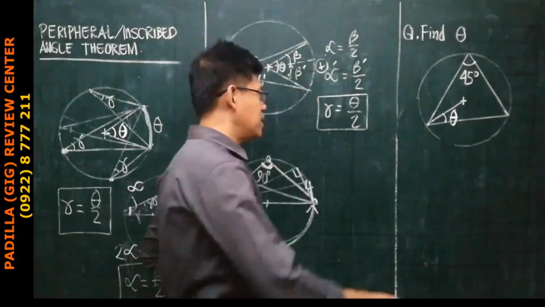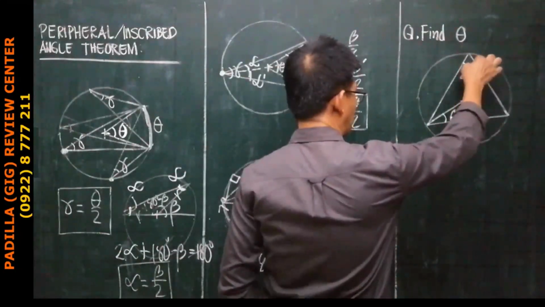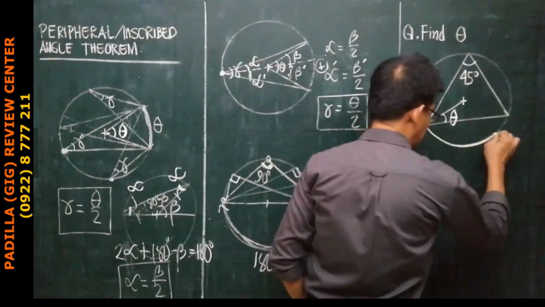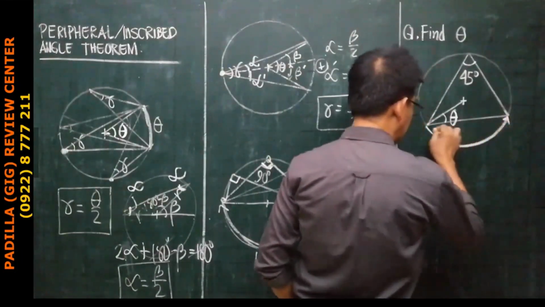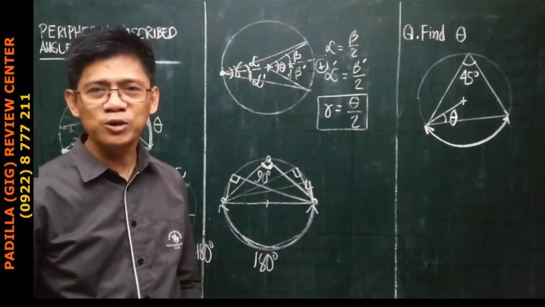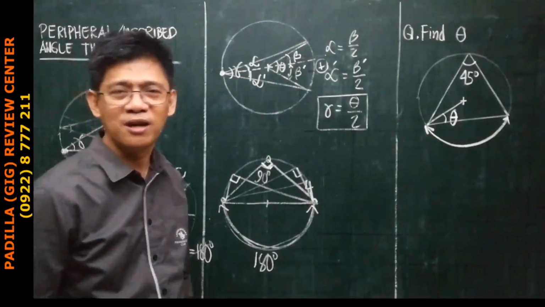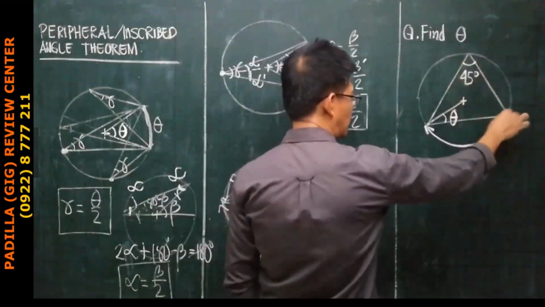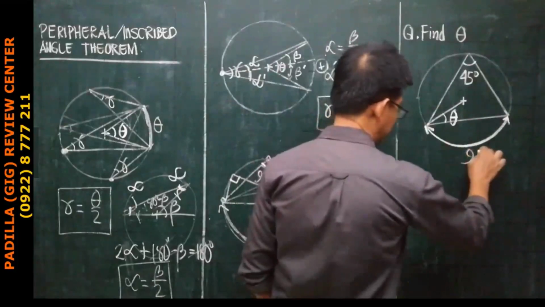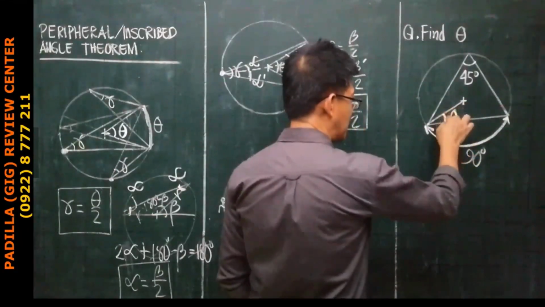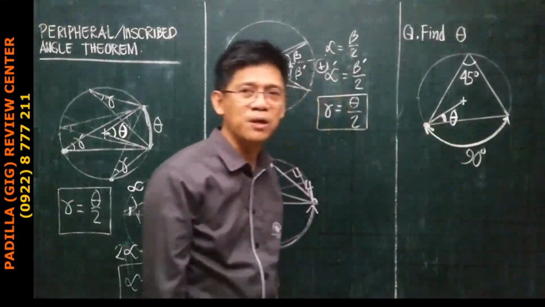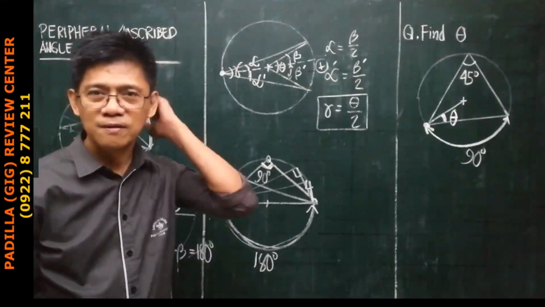Now, if this is 45, opposite 45 is this arc. So if the peripheral angle is half the opposite arc, then the opposite arc must be twice the peripheral. So if this is 45, how much is this? 90 degrees. Okay? Now theta is a peripheral angle because its vertex is on the periphery of the circle, right?